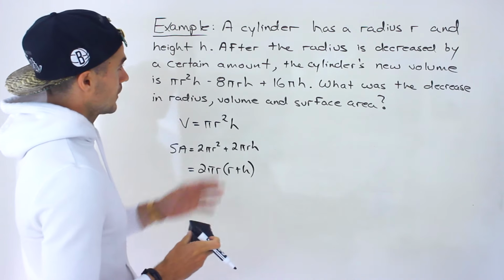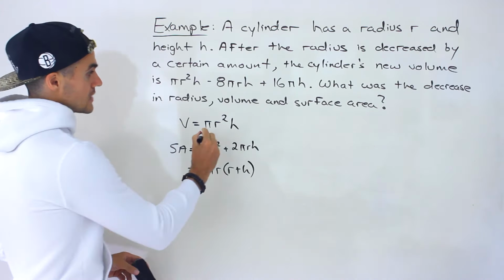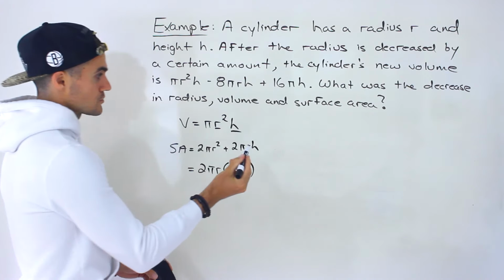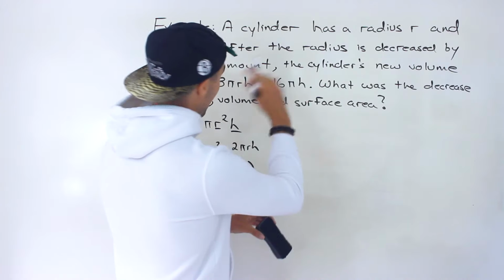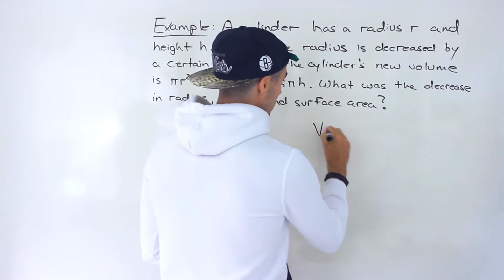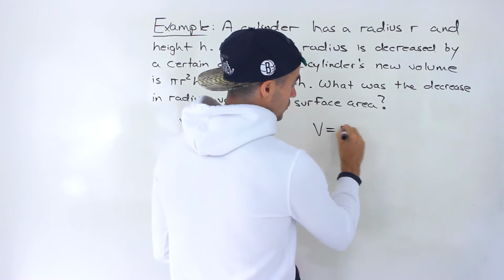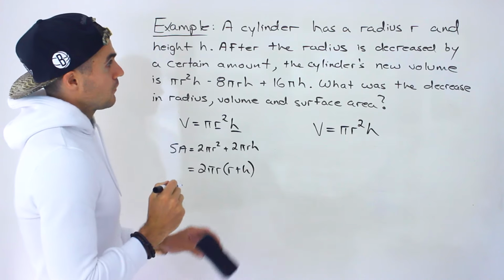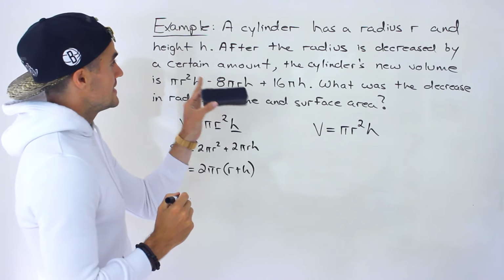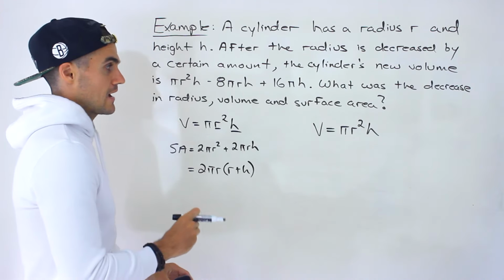Now, we're told that a cylinder has a radius r and a height h, which is nice because those are the variables that we're used to when we're working with this formula. So as of now, this cylinder, if it has a radius r and then a height h, it has a volume pi r squared h, like that. Now we're told that the radius is decreased by a certain amount.